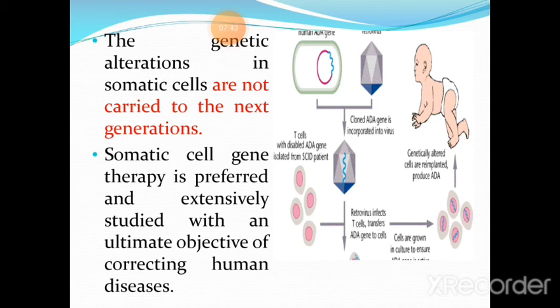As a result, the person will be cured from SCID. He will be normal with his normal immune system. This is what is exactly done in somatic cell gene therapy. So this is the best example. Gene therapy for SCID is the best example for somatic cell gene therapy. Okay.